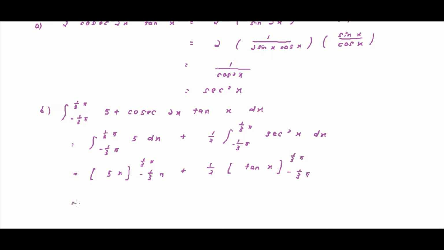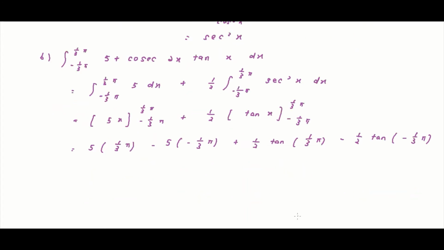Now we can substitute. 5 times 1 over 3 pi minus 5 times negative 1 over 3 pi, plus 1 over 2 tangent 1 over 3 pi minus, don't forget the 1 over 2, tangent negative 1 over 3 pi.